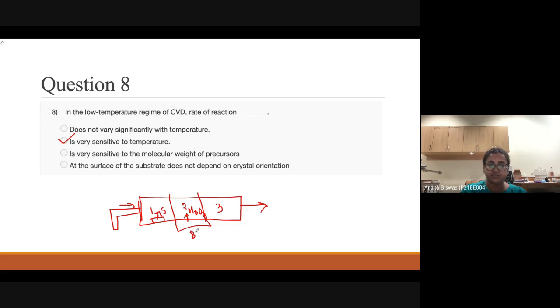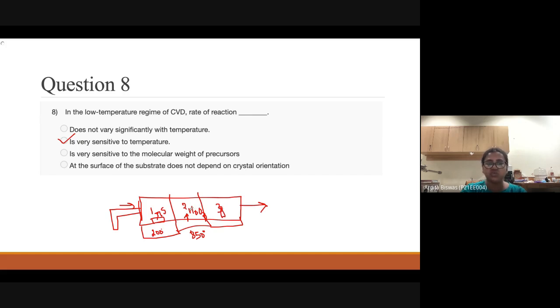I'm giving a little example of how we can grow using the atmospheric CVD system. The sulfur evaporation temperature is, I think, 200 degrees centigrade.